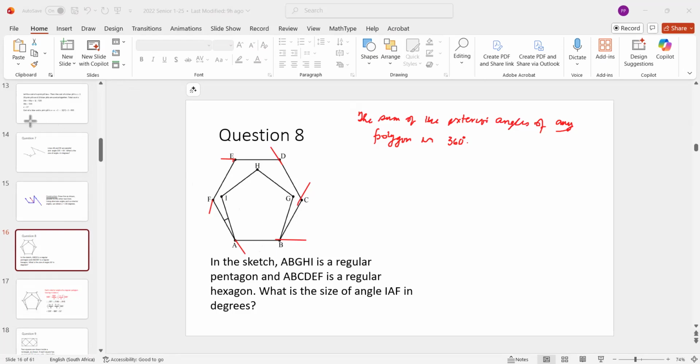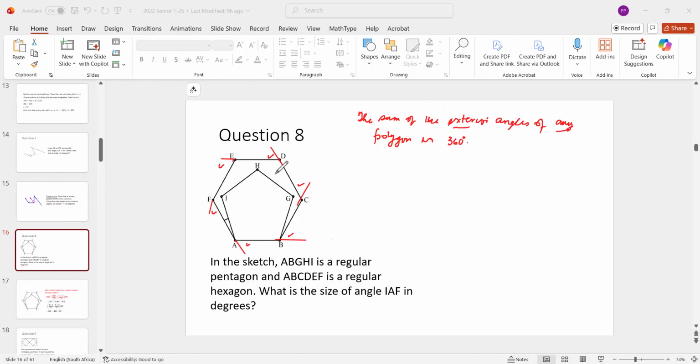And these new angles which are formed are called the exterior angles. So you can see in this 5-sided figure, I've got 5 exterior angles. They are these new ones which have been created. And the sum is 360 degrees. If you remember that, then you can answer most of these questions on polygons.